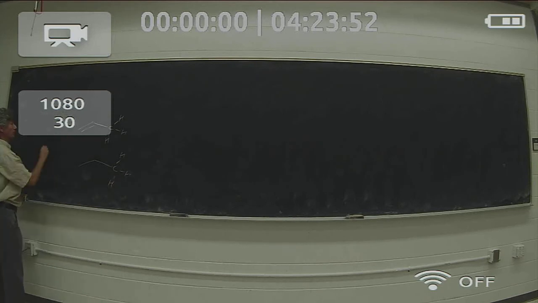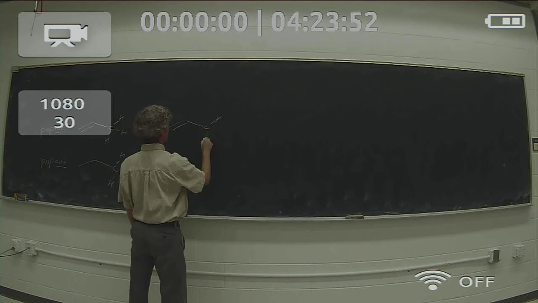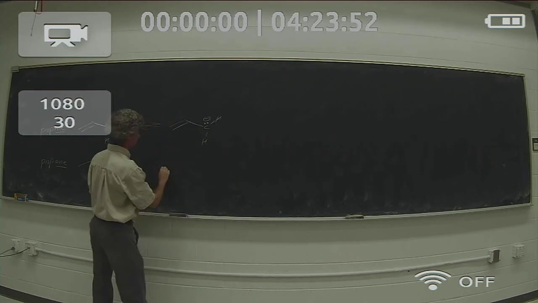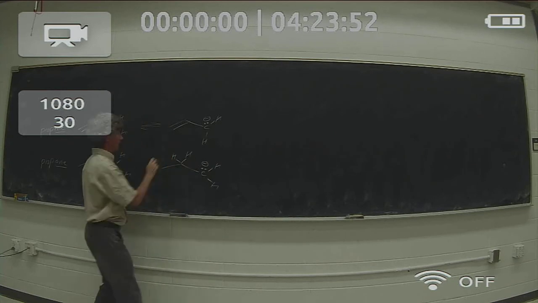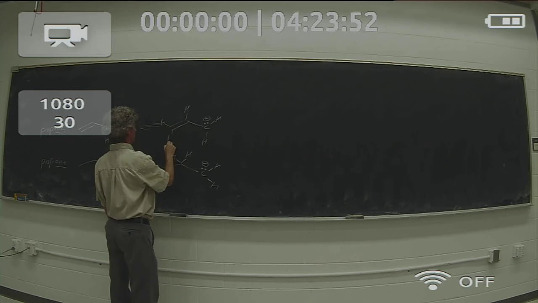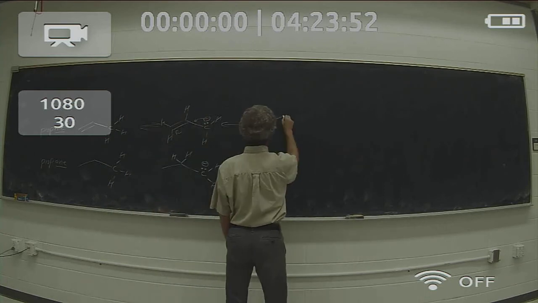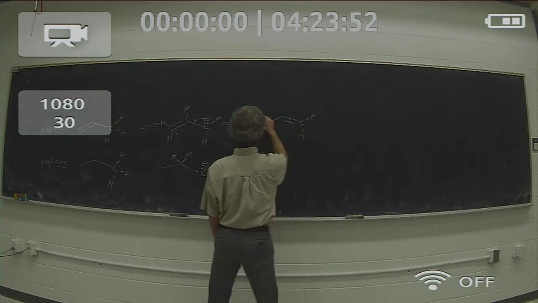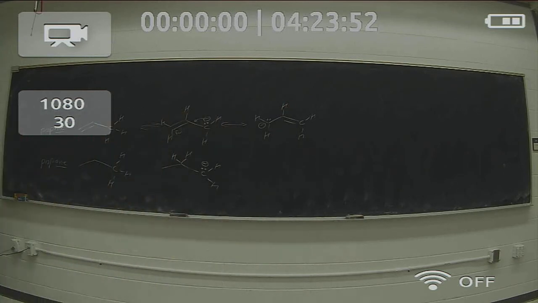So if we consider propene versus propane, and we dissociate this, because there is a pi bond adjacent to the anion derived from propene, we can actually move that pair of electrons like this, and create a resonance structure that spreads that charge out onto the other carbon. And that's not possible for propane.